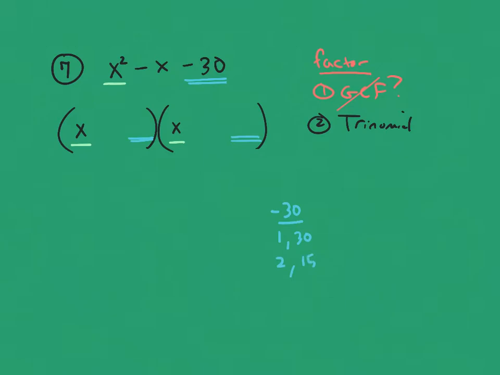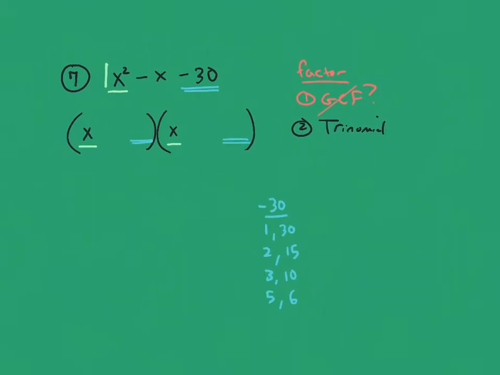2 and 15 multiply to be 30. 3 and 10. 4 doesn't go into 30. 5 and 6. And like I said on the last one, once you round around to the right side, so 1, 2, 3, 4, 5, 6, then you know you've got a comprehensive list. And we're looking for a pair in this case. Like I said before, if the number in front of x squared is 1, then you're looking for a pair that adds to the middle.